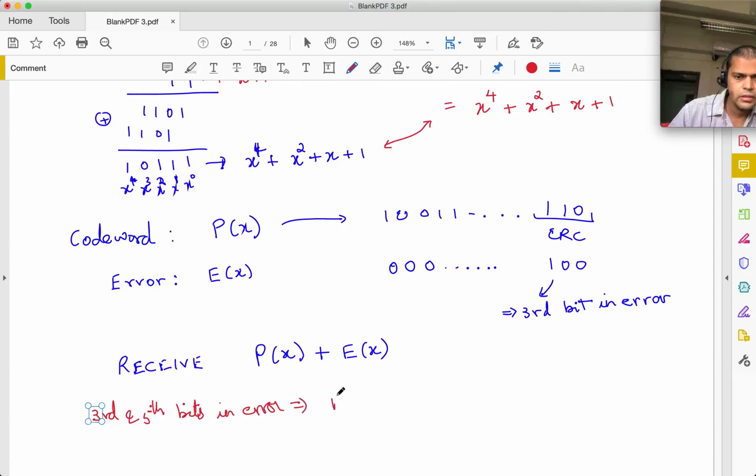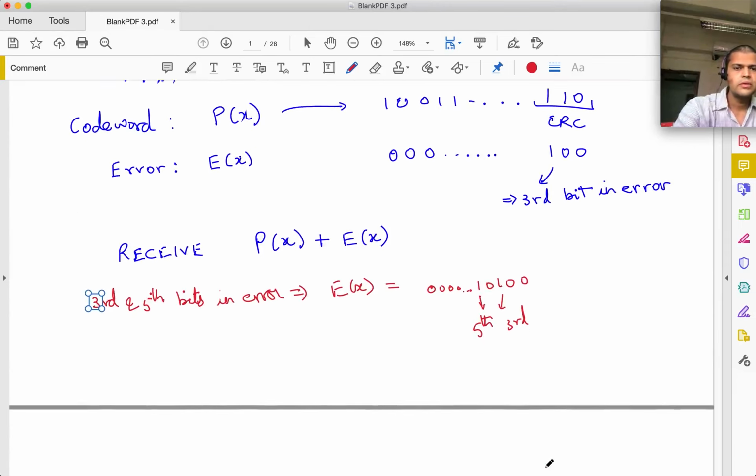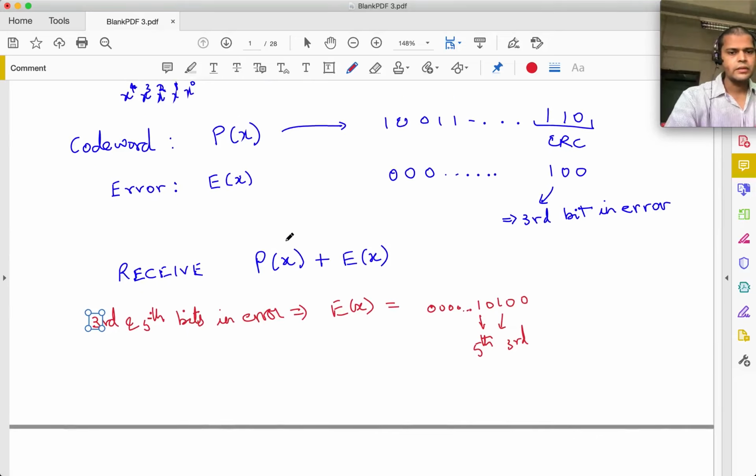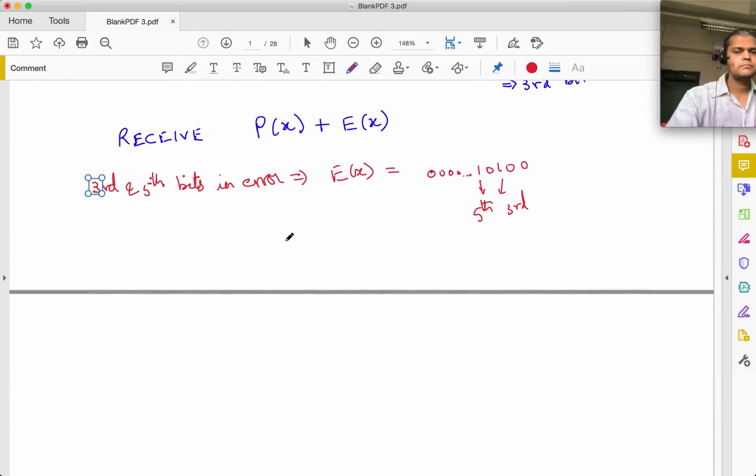This means that E of x is 1 0 0, but we'd also have a 1 in the fifth place and then zeros over here. So I think you have the idea now of what we are doing. We represent these bit strings as a polynomial in terms of x.